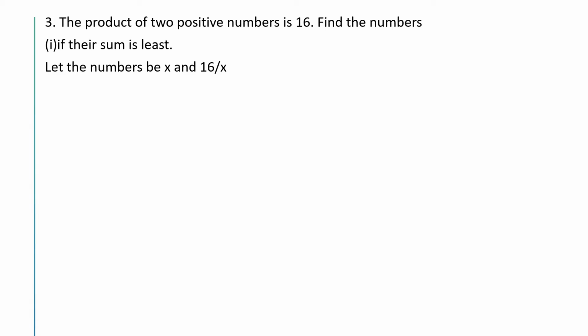So we have to find the numbers when the sum is least. It means to minimize, S is equal to x plus 16 by x. So here we can see that x is greater than 0.